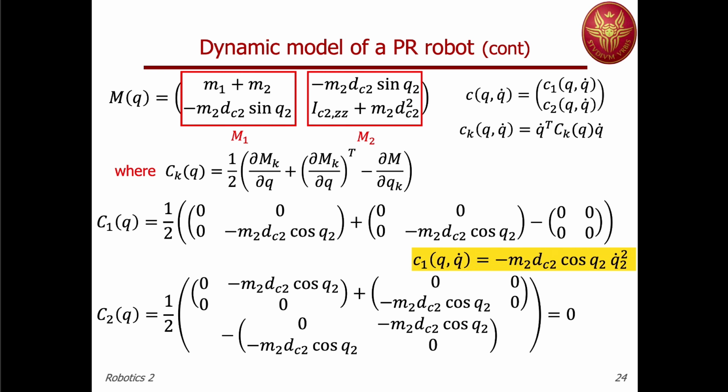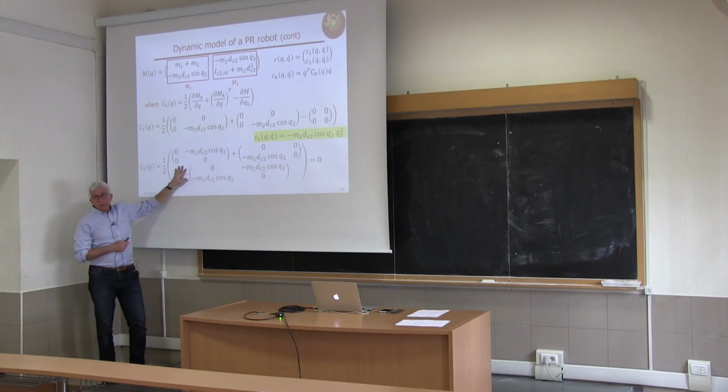Again, the first contribution, the partial derivative with respect to q1, is 0. The partial derivative of the first element of the column 2 of the matrix M is minus m2 dc2 cosine of q2. The second element of this column is constant, so its partial derivative with respect to q1 and q2 is equal to 0. And you see that this is a non-symmetric matrix.